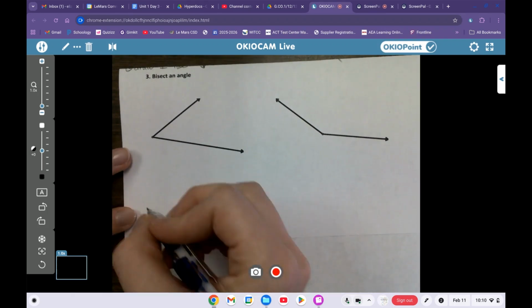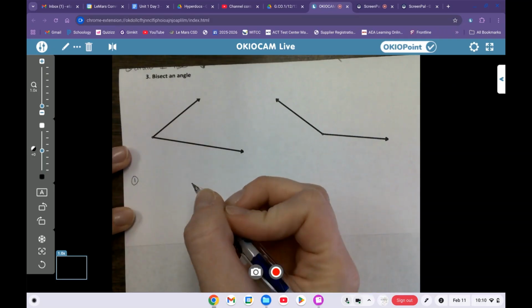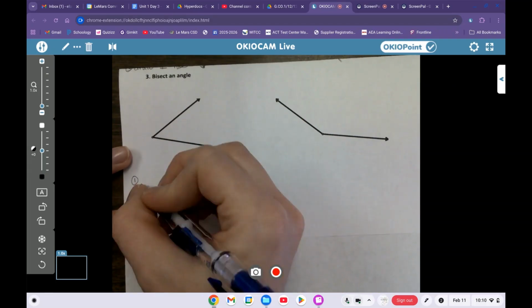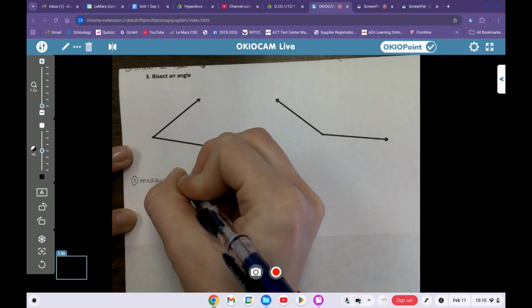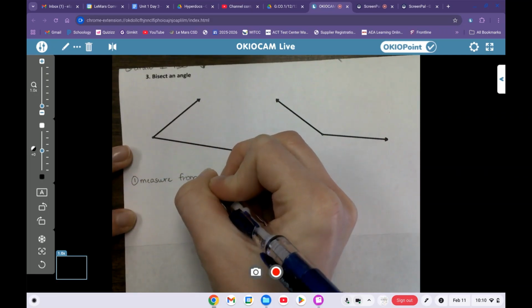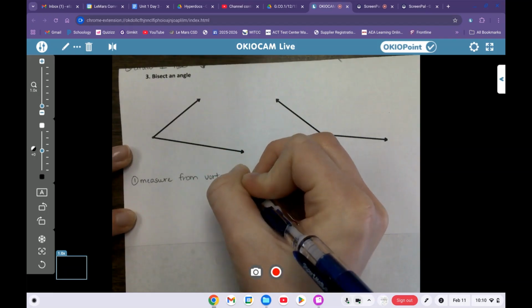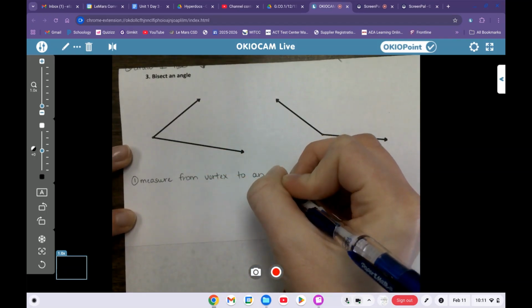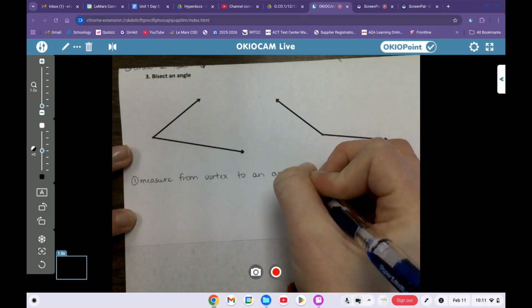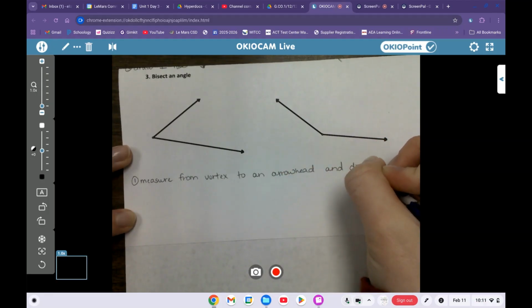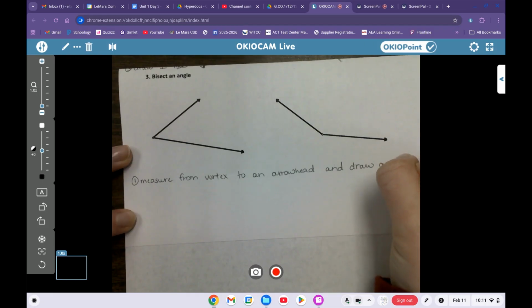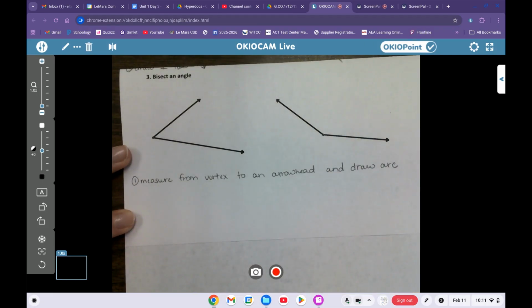What I'm going to do for step one is I'm going to measure from the vertex to an arrowhead, and I'm going to draw an arc. Okay, so kind of like what we were doing when we were copying an angle, we need to measure one of the sides of the angles here.